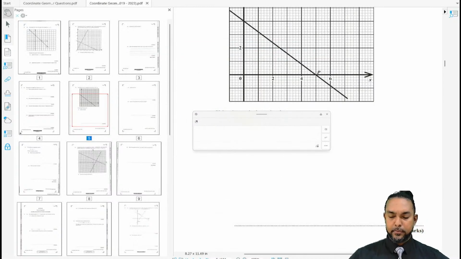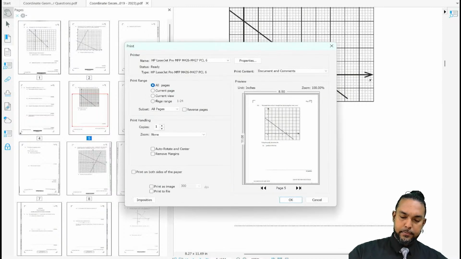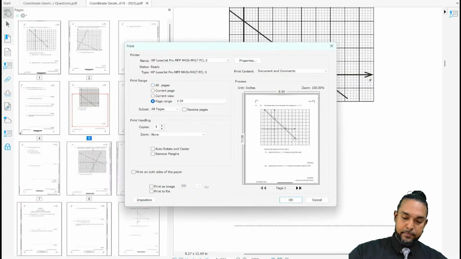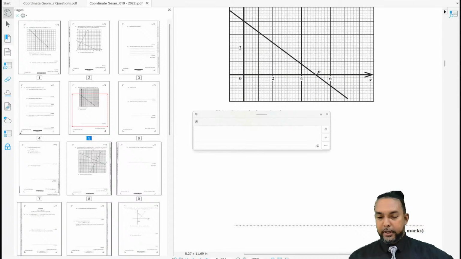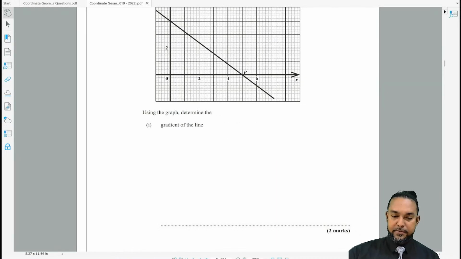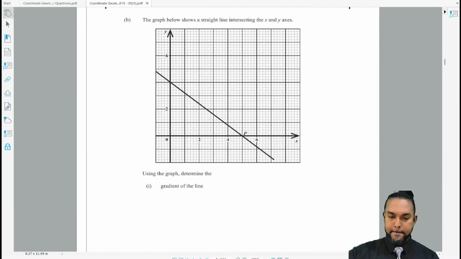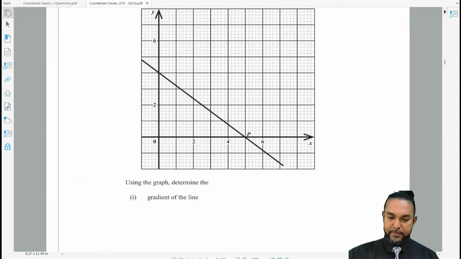No. Why does it do that? Okay, cool. So, guys, what they're asking for here. Look at me. Maybe zoom in a little bit more.